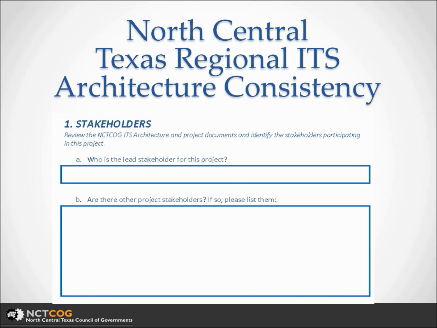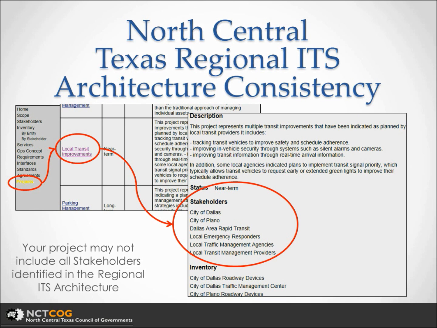The architecture consistency form asks for stakeholders. Stakeholders can be found on the ITS architecture website. Under projects, this project falls within the local transit improvements. A list of stakeholders is provided for that project.